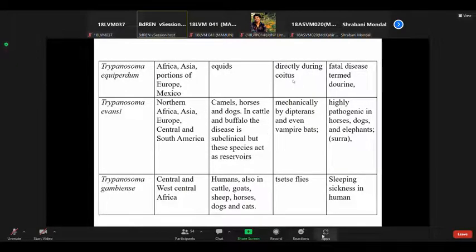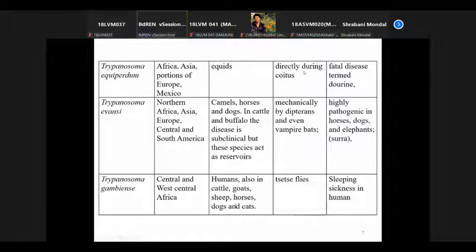You see, directly during coitus. This is a mechanical transmission as well. Directly during coitus. So this disease is called dourine. What condition does Trypanosoma equiperdum produce? Dourine. We will discuss more later, it will take time, in the next class. So the disease is called dourine.